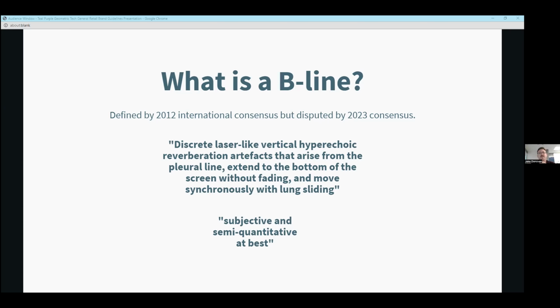It's too subjective, and counting the B-lines in an intercostal space was not quantitative, but rather semi-quantitative at best, because depending on your angle of insonation, the probe that you're using, it really is quite challenging to say for sure how many B-lines are in a particular intercostal space. And people end up just kind of going, oh, it's one or two, or it's multiple or confluent, rather than actually counting them.